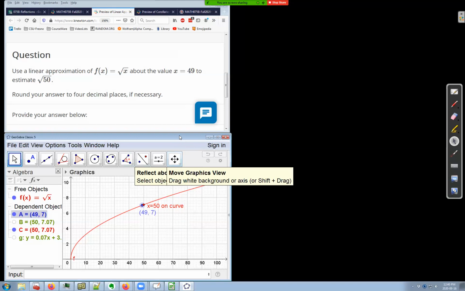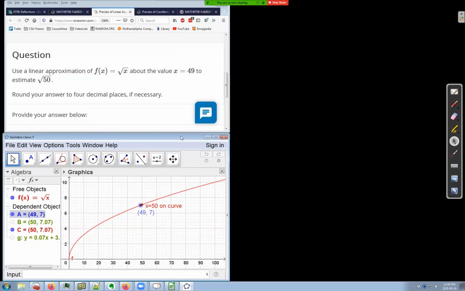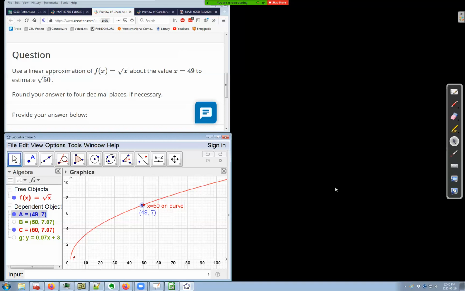But if we use calculus, we can do even better than that. Here's what we're going to do with calculus: we're going to find the tangent line. That green tangent line is the tangent line at the point that I know.